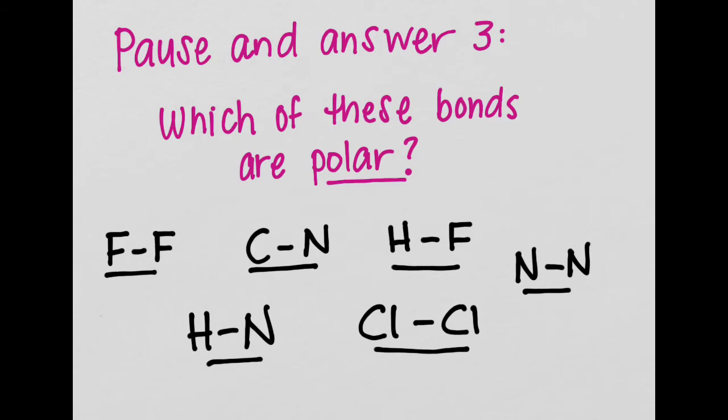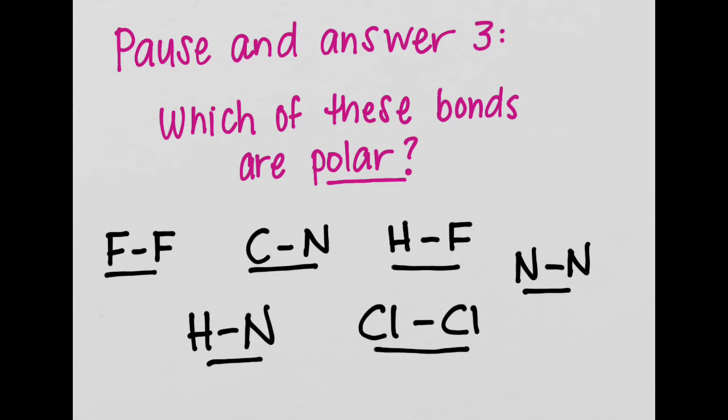All right, let's review our answer. Remember that an electronegativity difference of anything other than 0 is going to be a polar covalent bond. So really the only time I'm going to see an electronegativity difference of 0 is when I have two of the same atom in a bond.